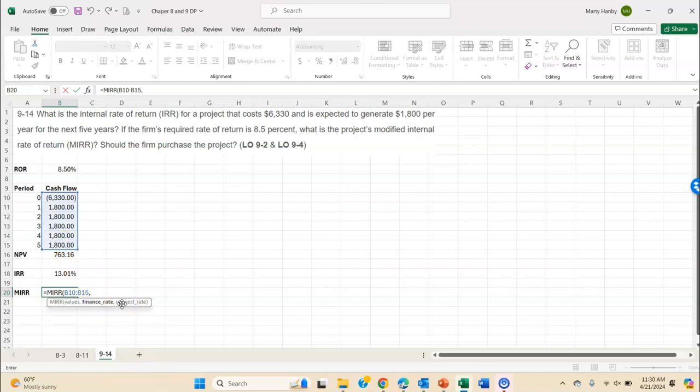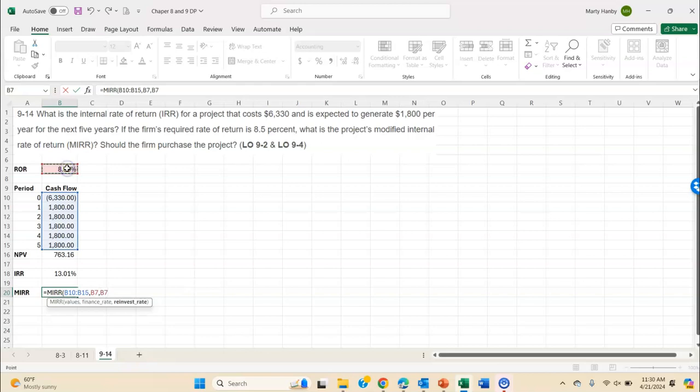For all the problems that we'll work in this class, everything's going to be the same, but to do the modified internal rate of return, we're going to have to enter our required rate of return twice. There are some instances where the finance rate and the reinvest rate might be different.